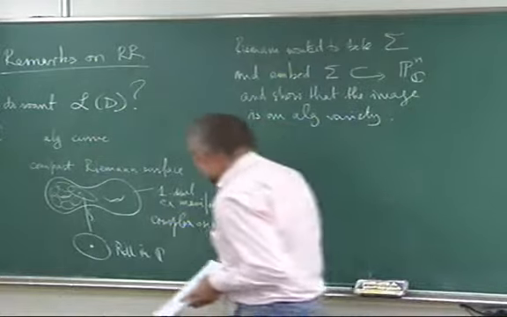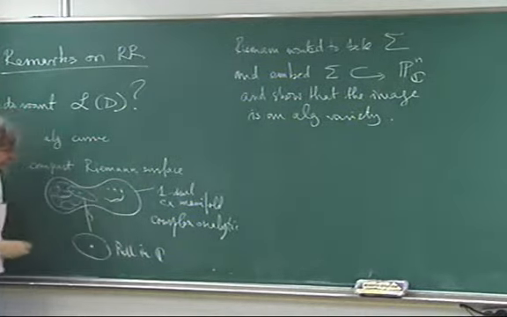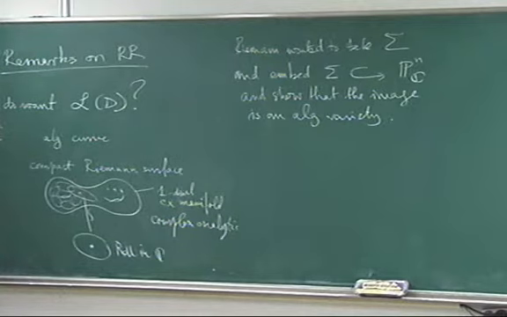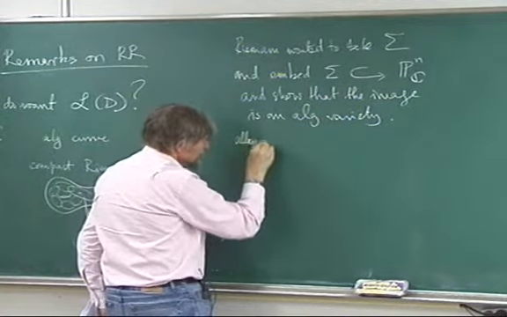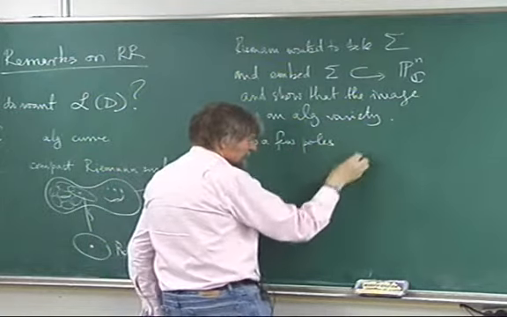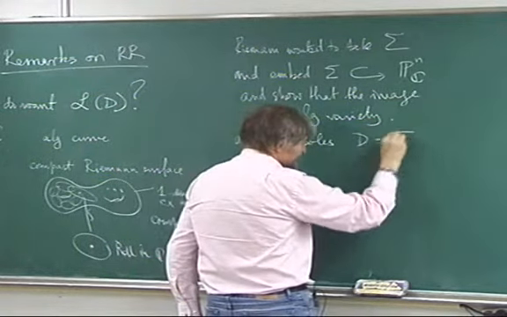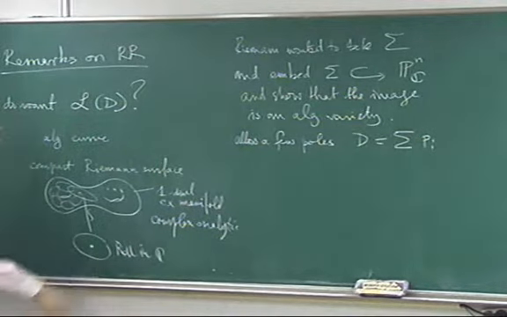And so he says, well, let's take a few points and allow a few poles. So Riemann says allow a few poles. So say D, let's just say the sum of P_i. It doesn't really matter. Eventually the P_i can coincide and I can allow multiplicities.